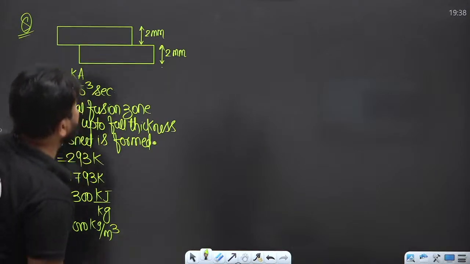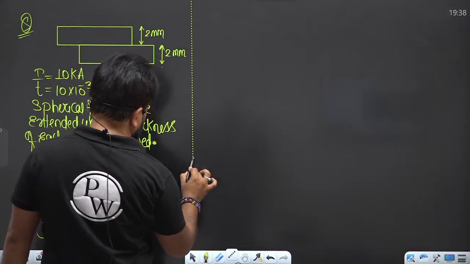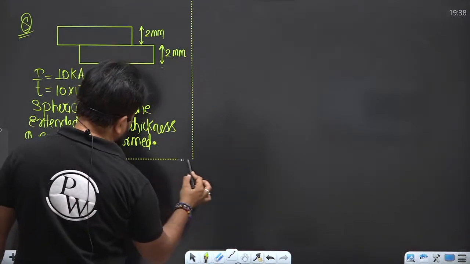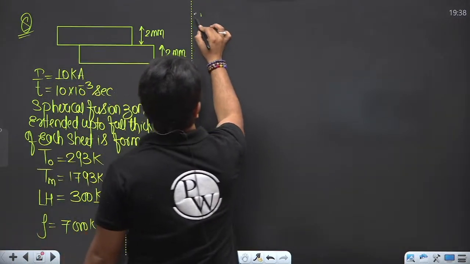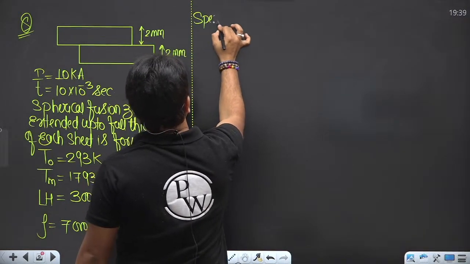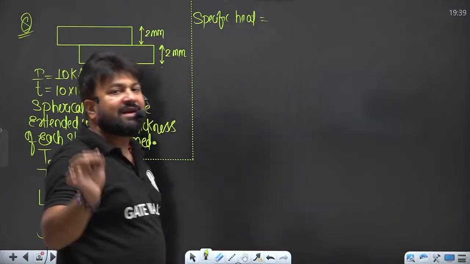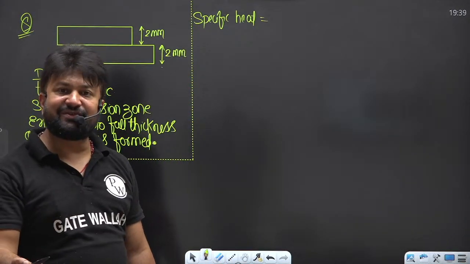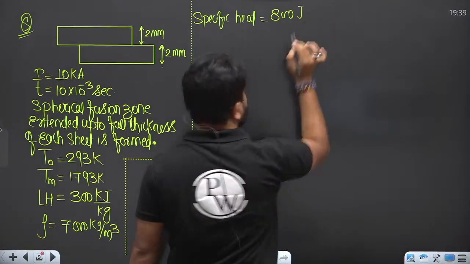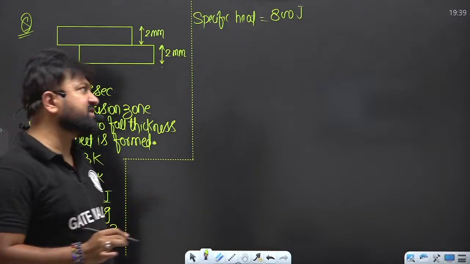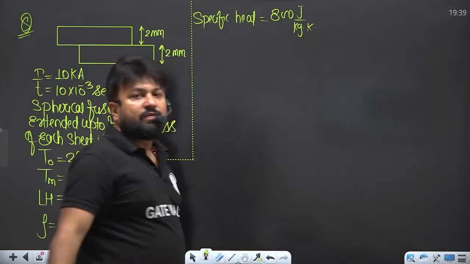Specific heat is also given. What is that? 800 joule per kg per Kelvin, right? Now what you have to find out?